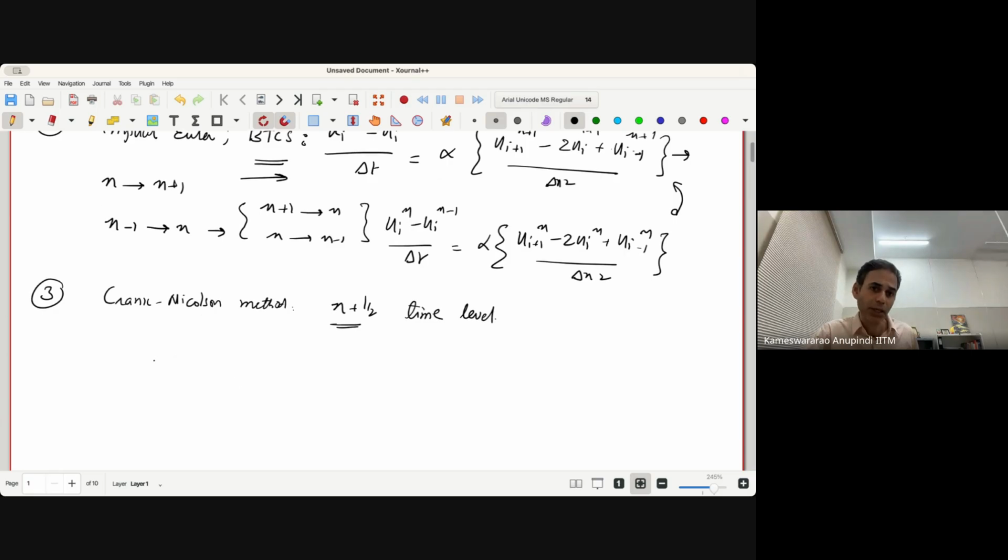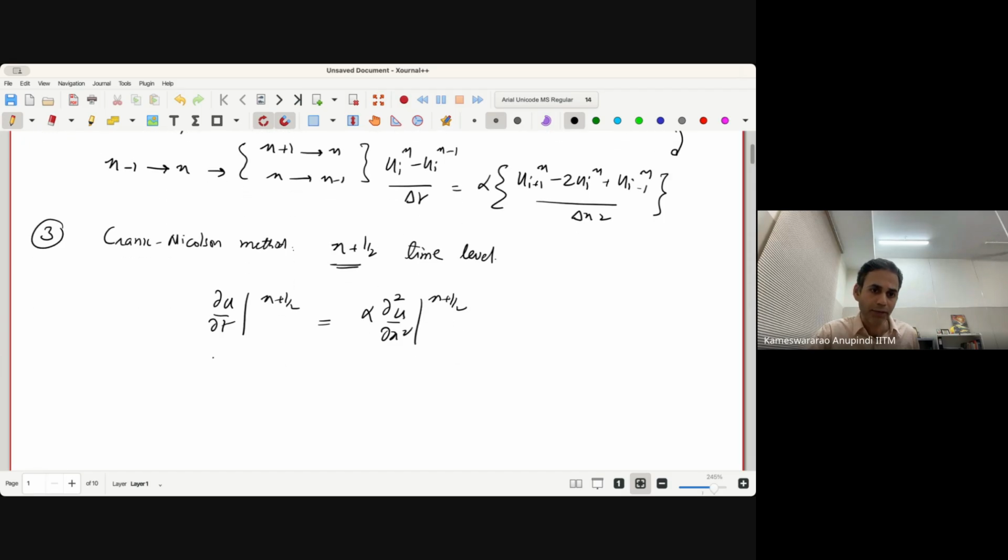Okay, so in which case we're going to write this as partial u by partial t at n plus half equals alpha dou square u by dou x square at n plus half. So the left one is going to be still the same as before. It's going to be now u_i^(n+1) minus u_i^n divided by delta t.